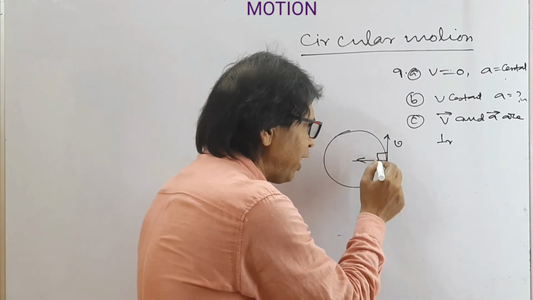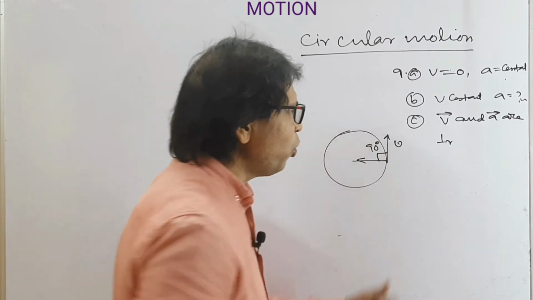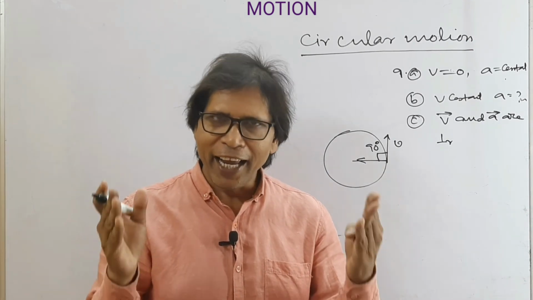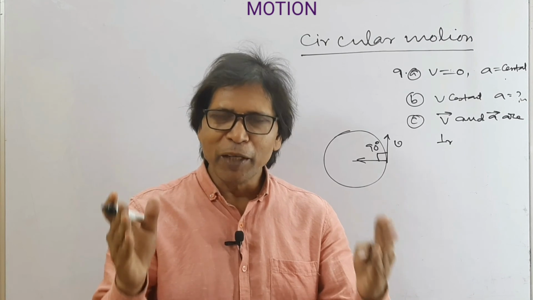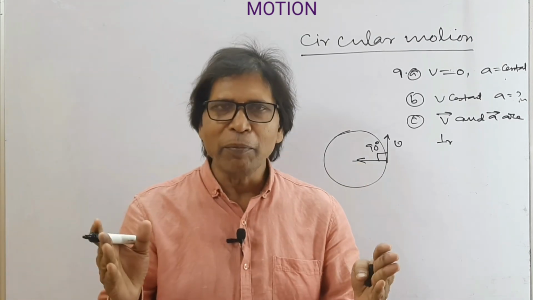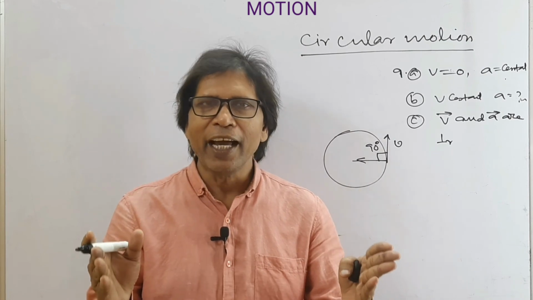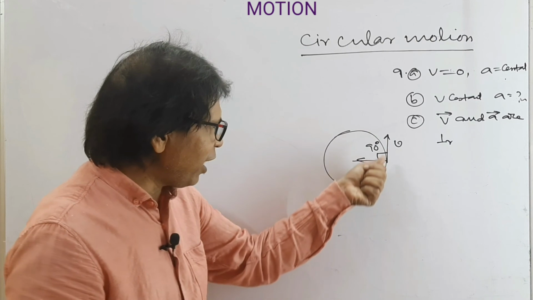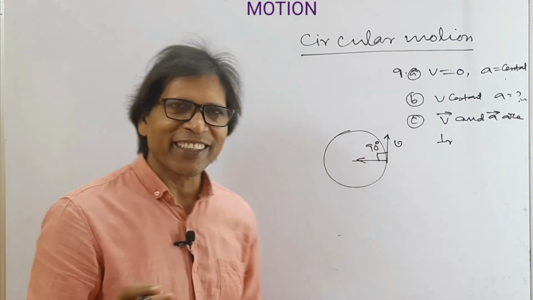So this angle is 90 degree. So the angle between velocity vector and acceleration vector may be 90 degree, in uniform circular motion.